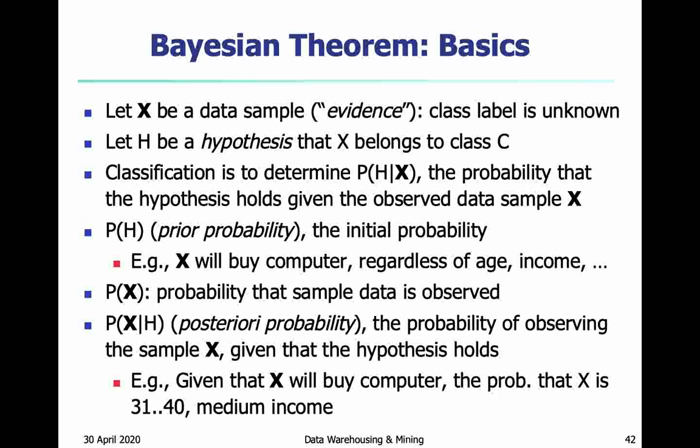Similarly, P(X|H) means the probability of X conditioned on H, just the opposite of P(H|X). It is the probability that a customer X is middle-aged and earns 40,000 per month, given that we know the customer will buy a computer.